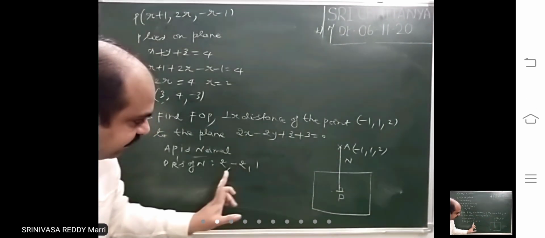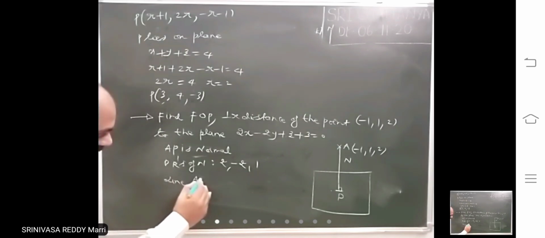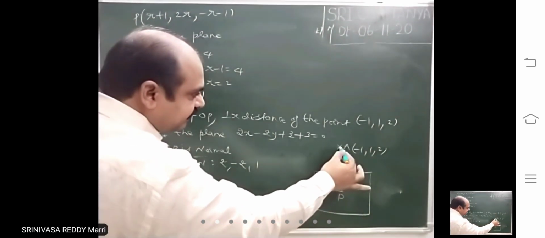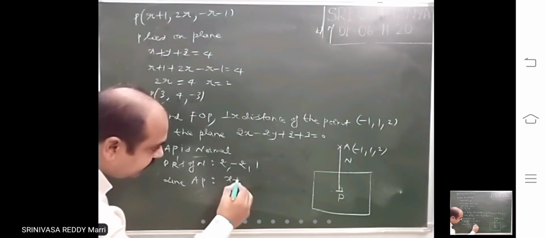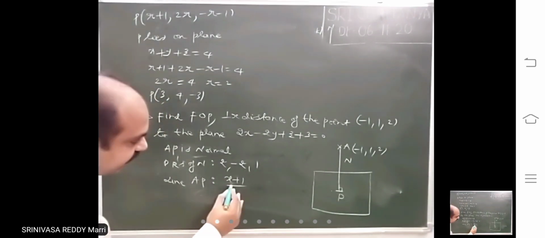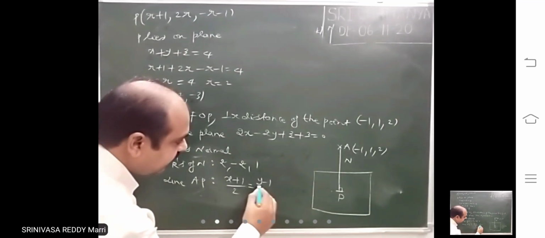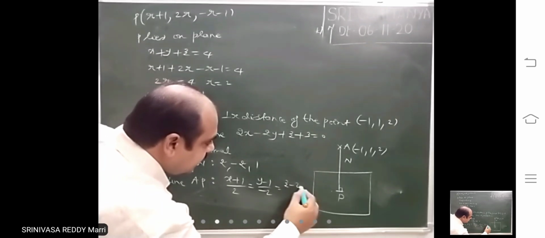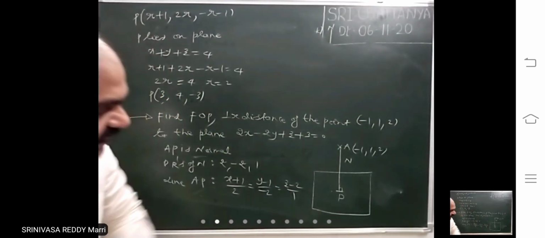You can write the line AP equation. It is passing through this point with these DRs. So (x plus 1)/2 equals (y minus 1)/minus 2 equals (z minus 2)/1. This line equation I have written.